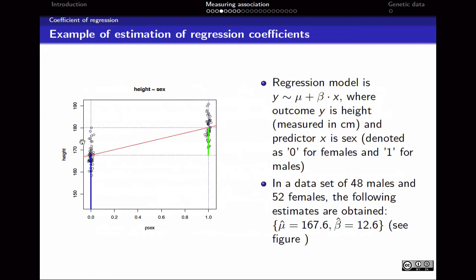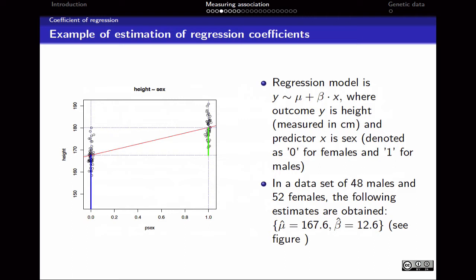So let us consider an example with a linear regression model, and let's be practical. We are going to predict height based on sex. The sex is coded as 0 for female and 1 for male.